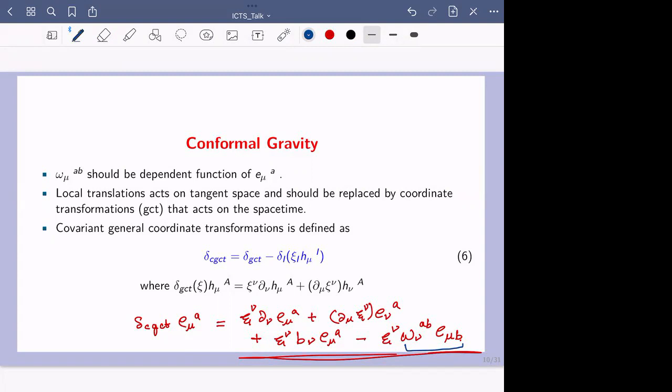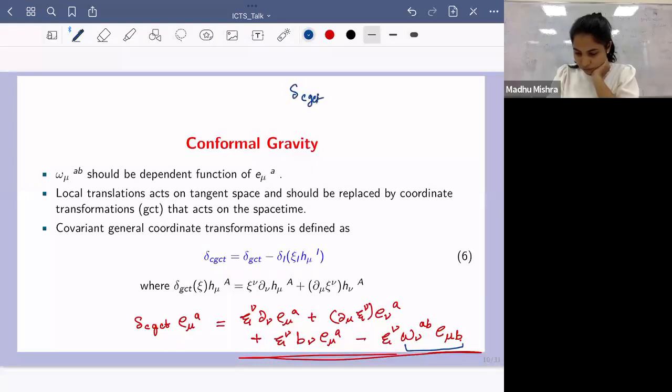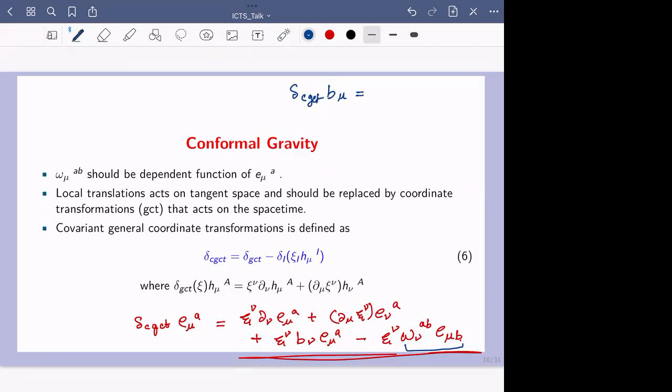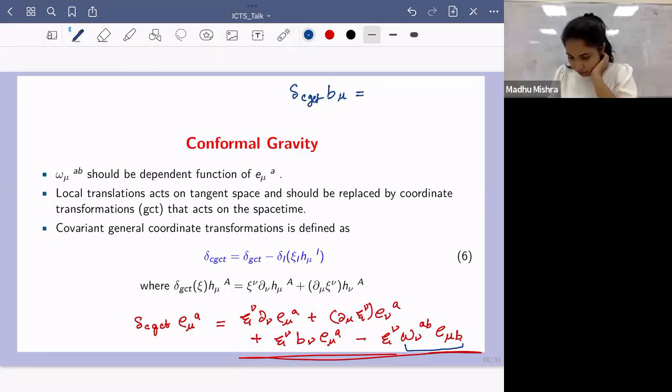Yes. So this CGCT here, she has calculated on e mu A, but this formula number 6 is a general formula. If you want to calculate this on g, you can do that. You can do it for b mu as well, whatever you want. For b mu there is no A index.